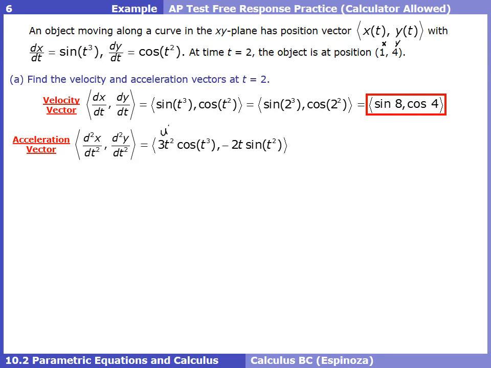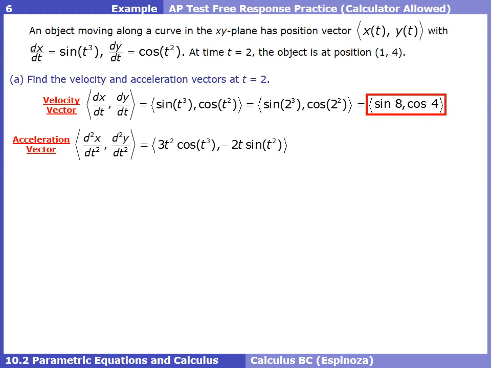This 3t squared right here is our u prime. The derivative of t cubed is 3t squared. When we take the derivative of cosine t squared, again an application of the chain rule, the derivative of cosine is negative sine t squared, but then we need to multiply, since we don't have a plain t on the inside, u prime, and that is in this case 2t.